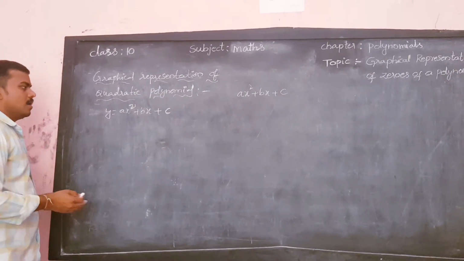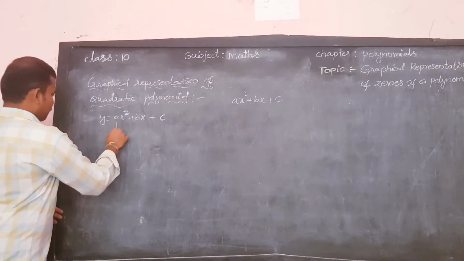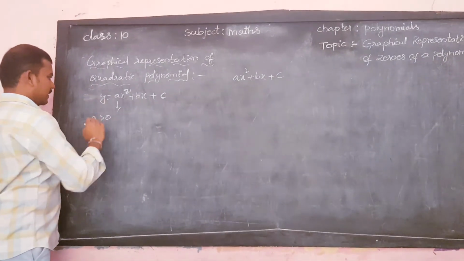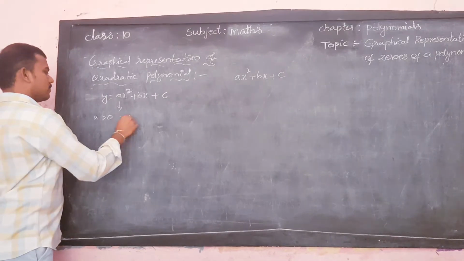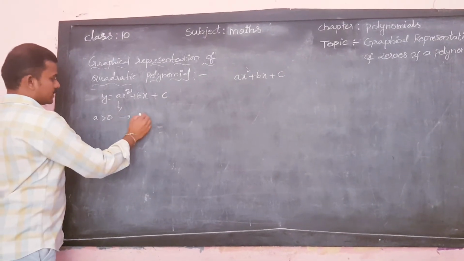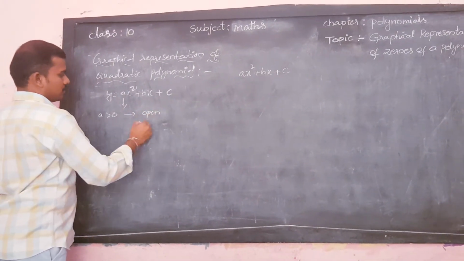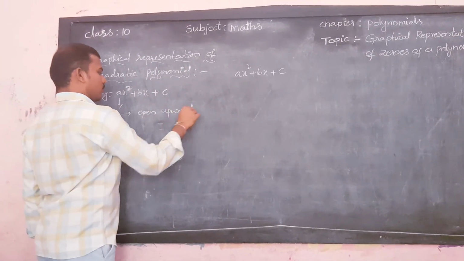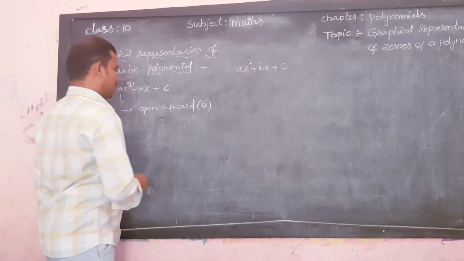That is called a parabola. Here a greater than 0, so we get an open upward parabola.